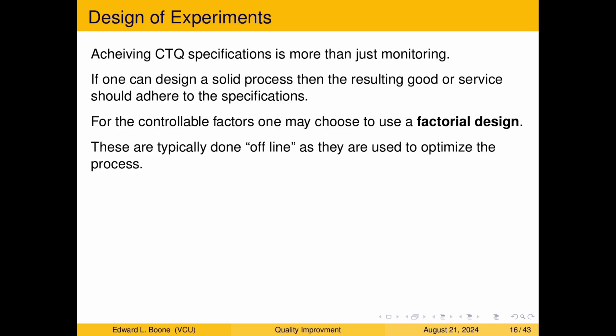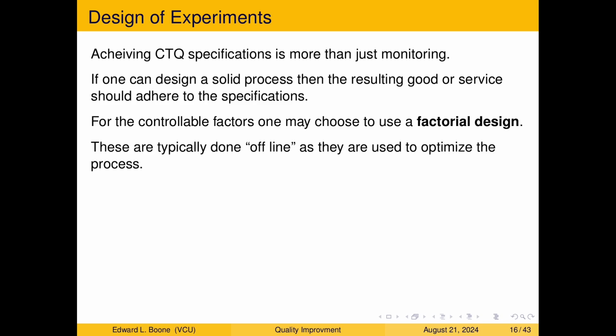You can also use design of experiments to find an optimal setting or combination of the controllable inputs. So those factors that you can control, you can find the best settings for them so that you get the best part out. For the controllable factors, one may choose to use what's called a factorial design, and I'll explain what those are in just a second.